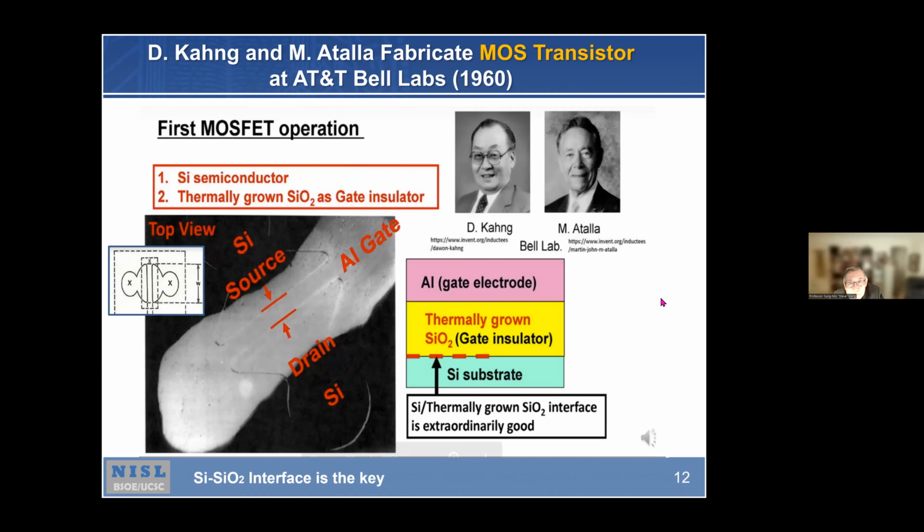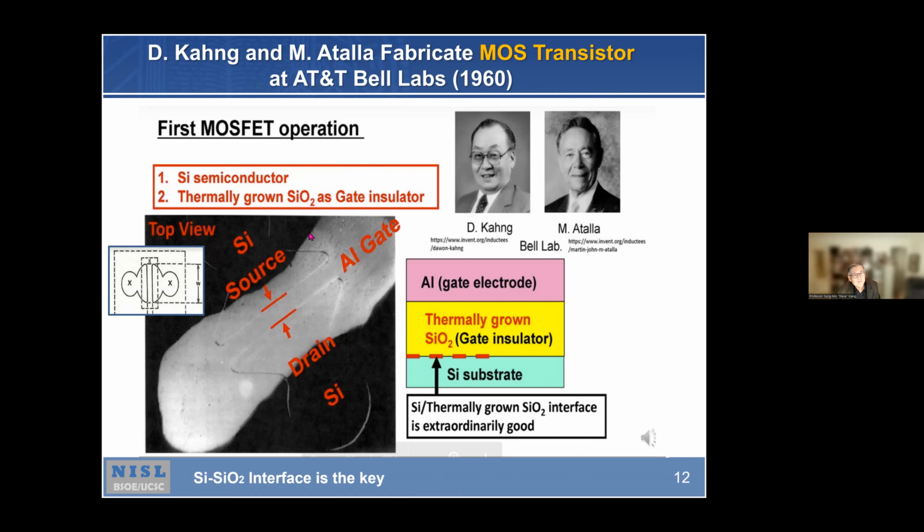Earlier, I mentioned the important contribution of the MOS transistor. Back in 1960, Dawon Kahng and his boss, Martin Atalla at Bell Labs, made the first MOS transistor. This shows the hand drawing of the MOS transistor structure.